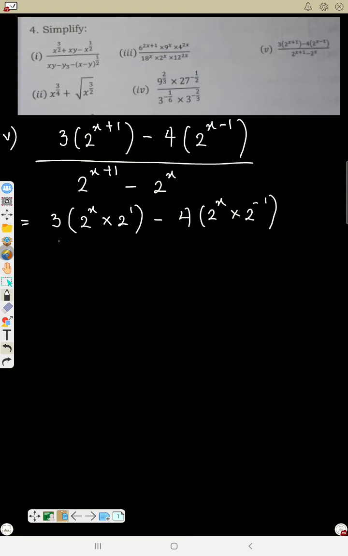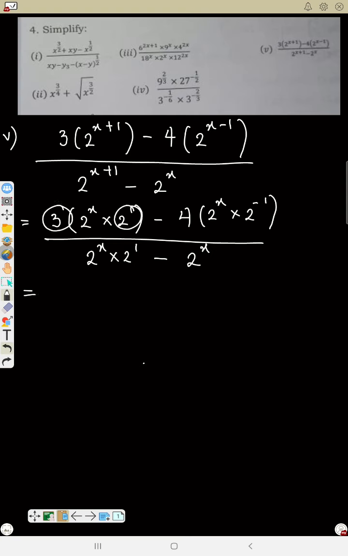Can split that one also, divided by, here, 2 raised to the power x times 2 raised to the power 1 minus 2 raised to the power x. Now after you split, sometimes there will be a common factor on both sides. If you look at this up one, 2 raised to the power x is here, 2 raised to the power x is also here.